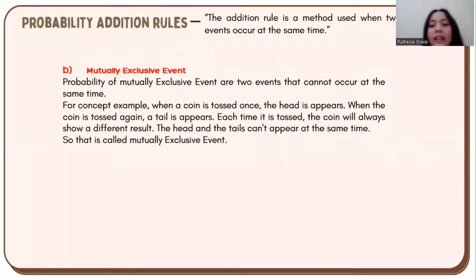The head and the tail cannot appear at the same time. So that is called a mutually exclusive event. The formula is the probability of the union of A and B is equal to probability of A plus probability of B.